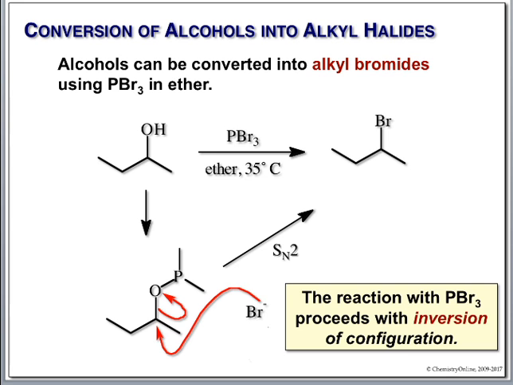They go with inversion of stereochemical configuration. It's a backside attack, inversion of configuration. So if we started off with a chiral compound here, say this was R, we did this, this would be S. Stereochemically pure. It's an SN2 reaction.